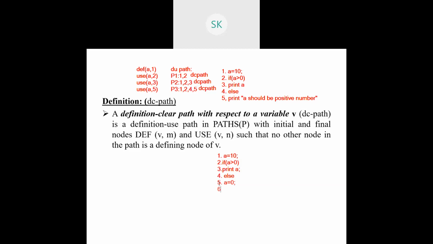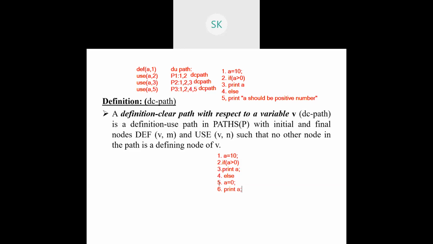Then the sixth statement, print A. Understood? I have changed a small thing: in the else statement, I have added one particular assignment. If A is less than 0, then A equals 0, and print that variable value.